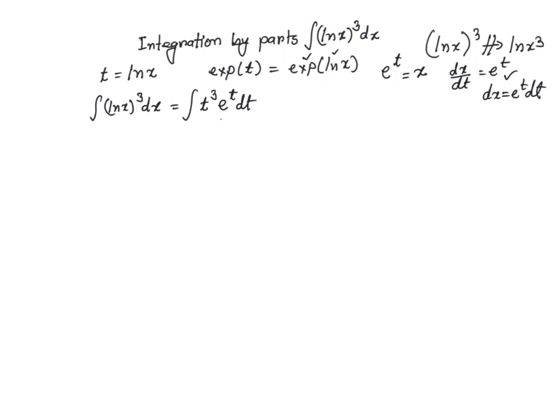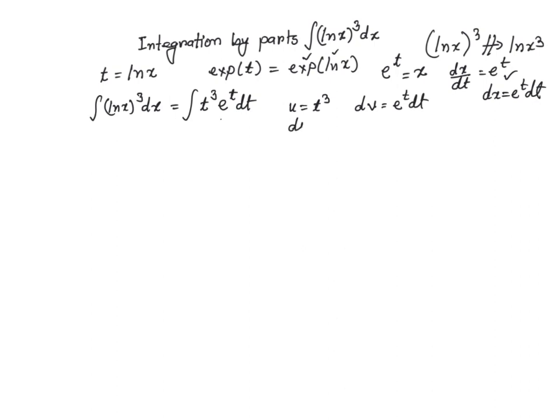At this point, I am going to use integration by parts on the integral of t cube e to the power t dt. Let u be t cube and dv be e to the power t dt.